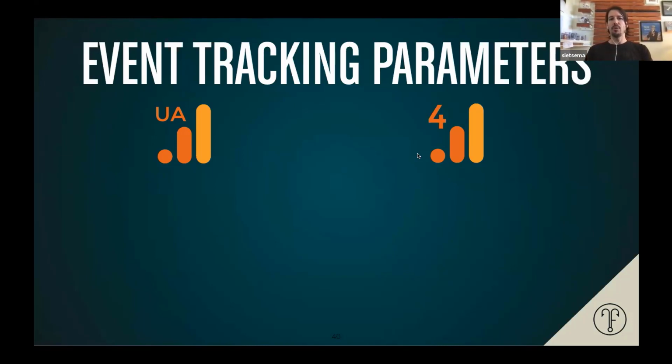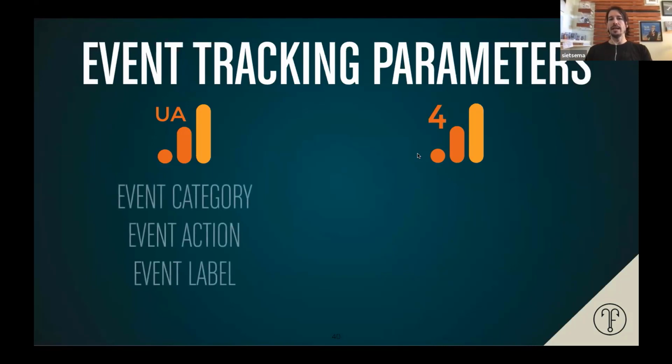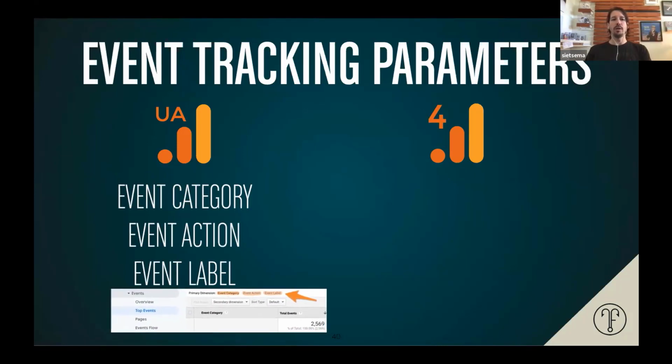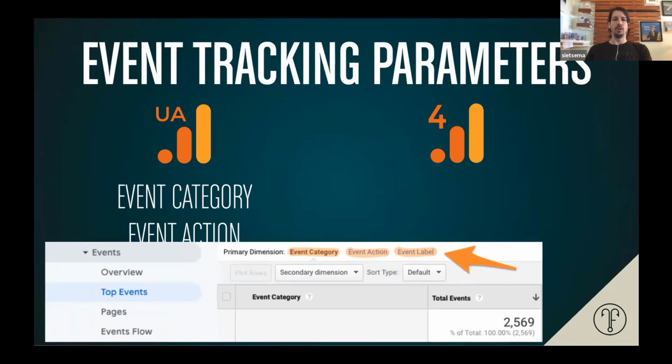So event tracking parameters in Universal Analytics look a little like this. You've got event categories, event actions, and labels. If you go in your Universal Analytics account to the events report and top events, you'll see event category, action, and label. That's where all of that data is fed, if you've got events feeding your analytics account already.